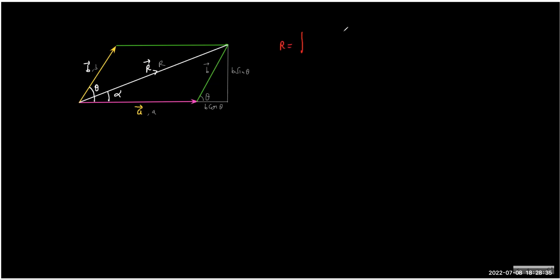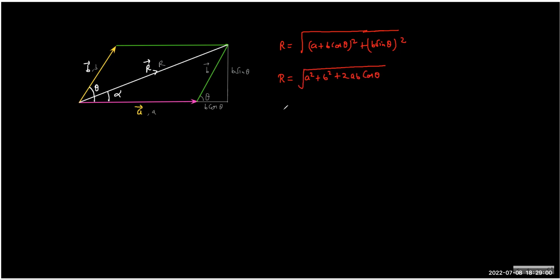So R is equal to under root of (A plus B cos theta) whole square plus (B sin theta) whole square. So the resultant of two vectors is the very famous formula, A square plus B square plus 2AB cos theta.